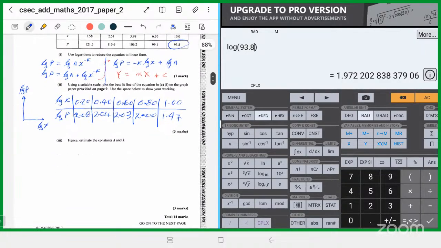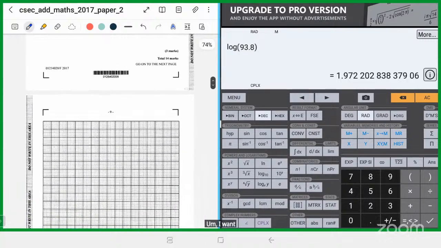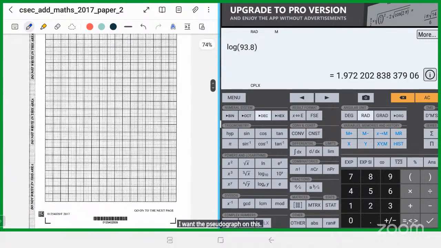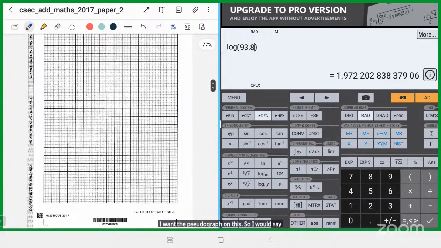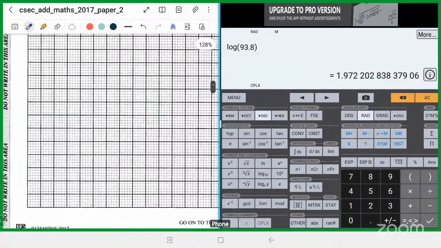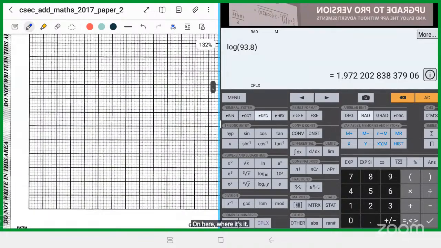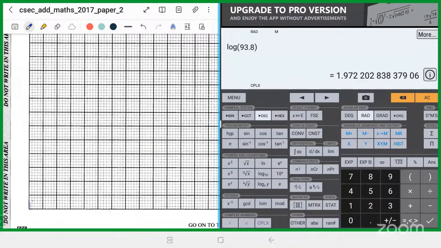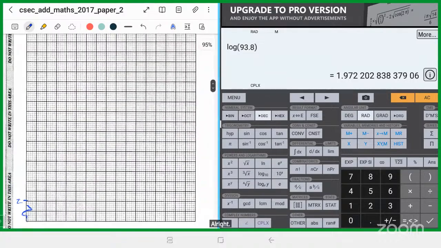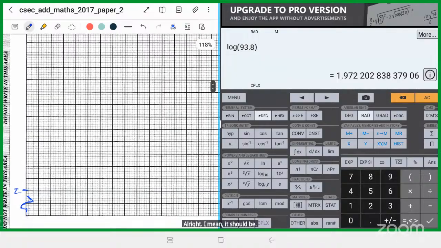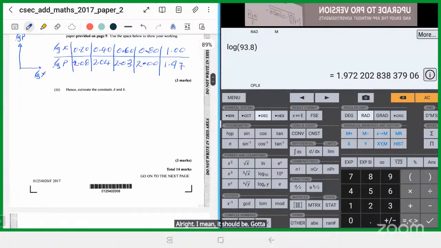I will break my graph down here, and start right here at 2. And look at the scale, it goes up to about 2.1.